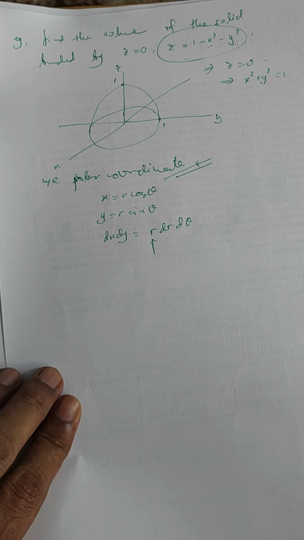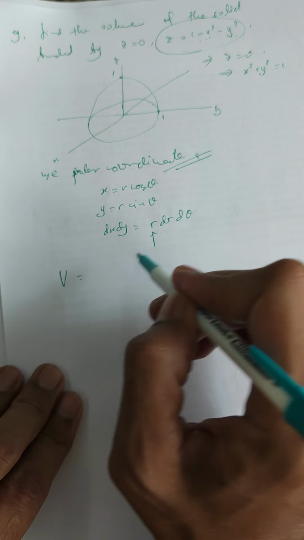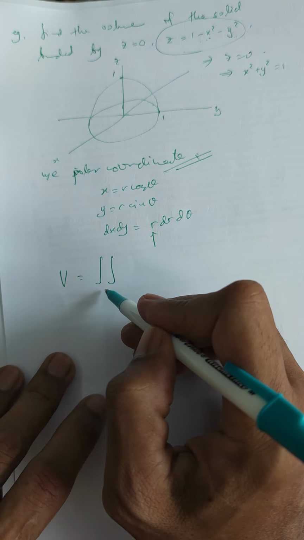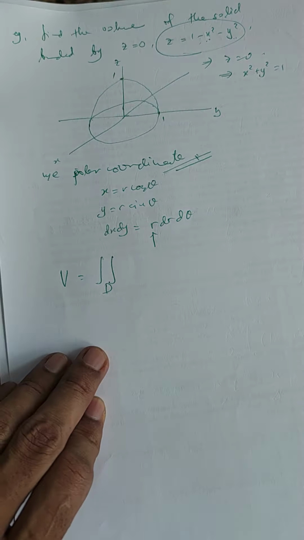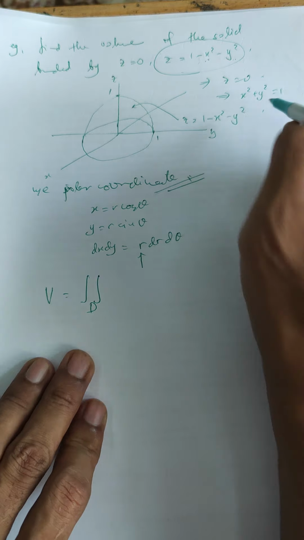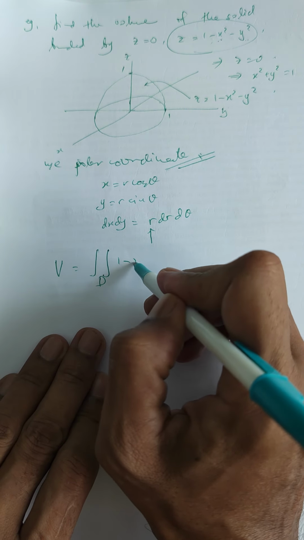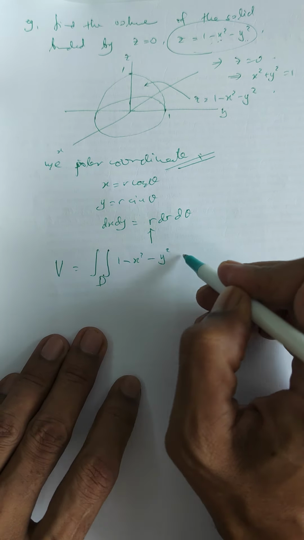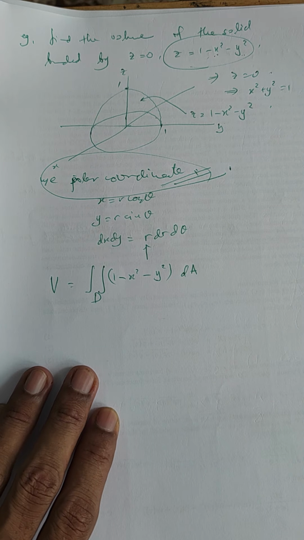Now for the volume, we integrate over this region, let's call it D. You can use R as the region. Our function is this surface, given as z equals 1 minus x squared minus y squared, so we have 1 minus x squared minus y squared dA. Remember that we use polar coordinates.